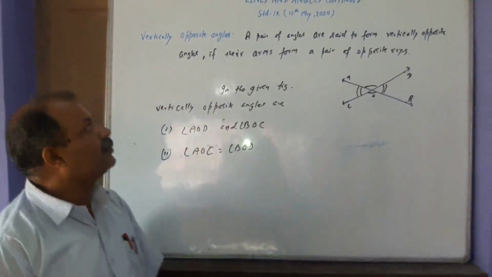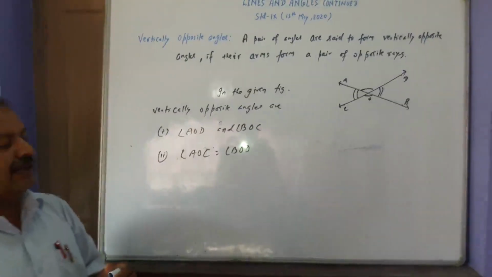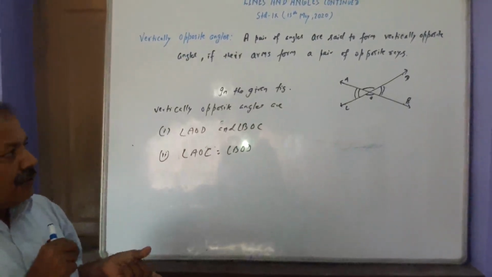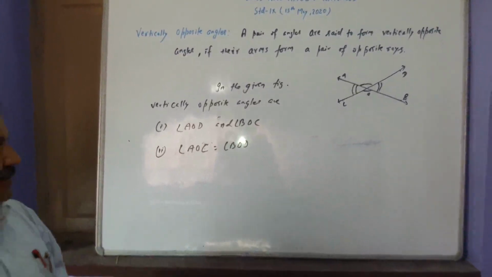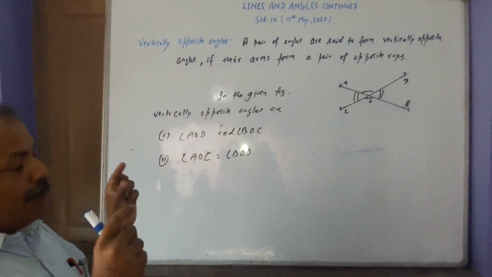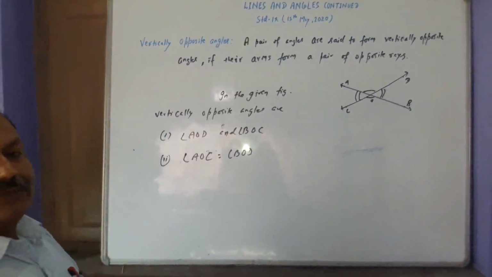And therefore, two angles are said to be vertically opposite angles if their arms form two pairs of opposite rays. Okay?